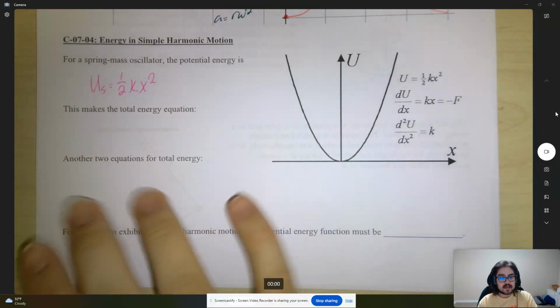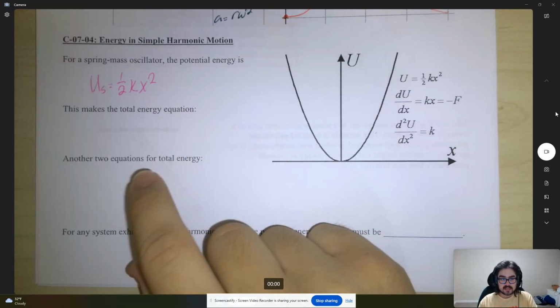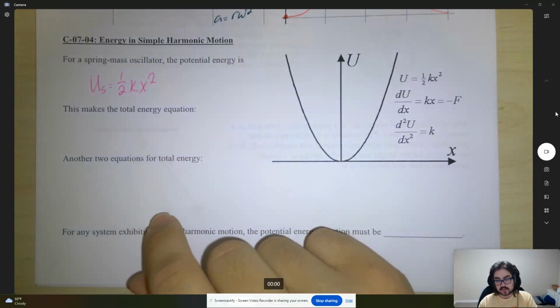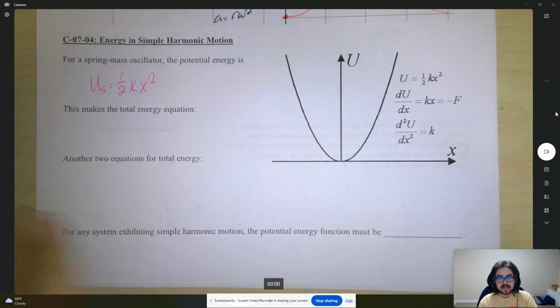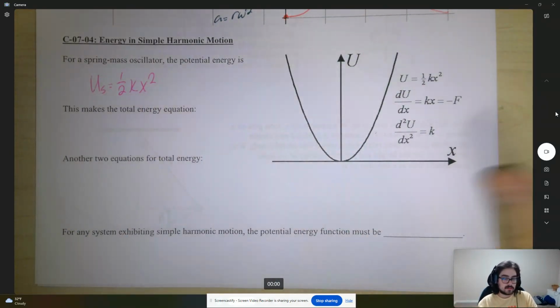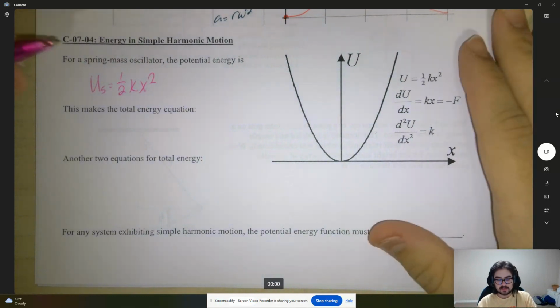Now, if you wanted to find the total energy in a spring mass oscillator, you actually could solve this at the end points of the oscillation, right? Because that's when all of the energy is potential, at the end points of the oscillation, or the amplitude.